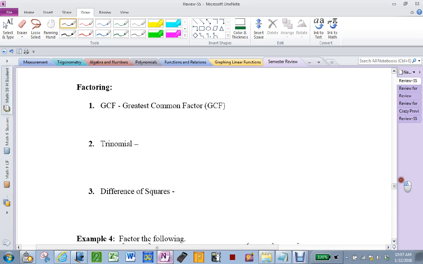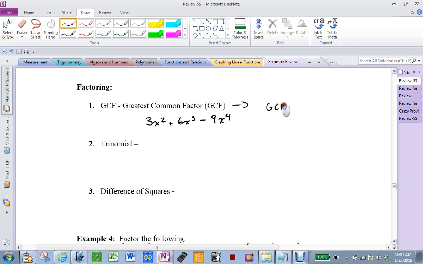Factoring. GCF. What's the GCF? Kelvin. 3x squared. Oh, yeah. Okay? So GCF always ends up looking like this.